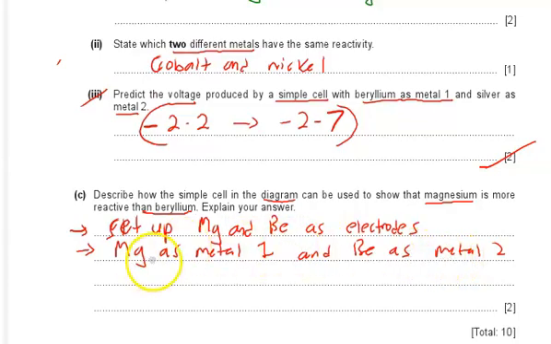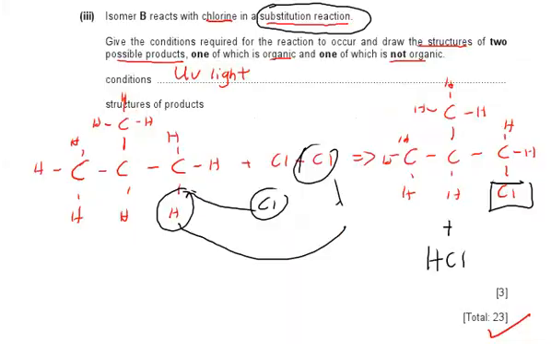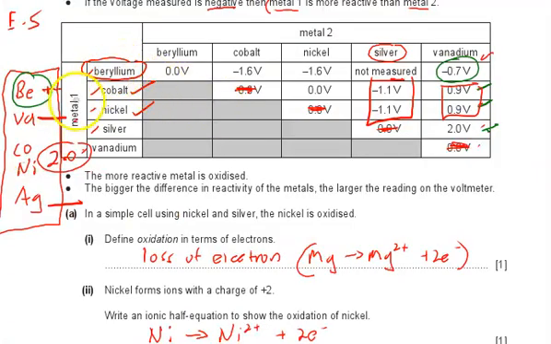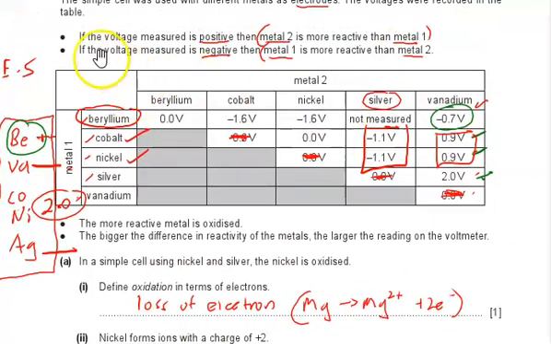If magnesium is more reactive, the voltage must appear to be negative. If the voltage is measured as negative, metal 1 is more reactive than metal 2.